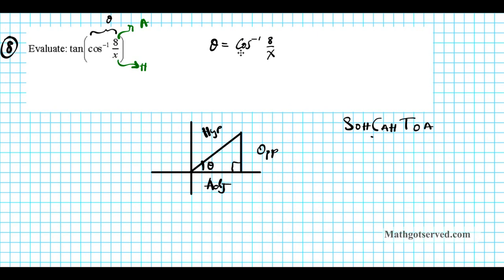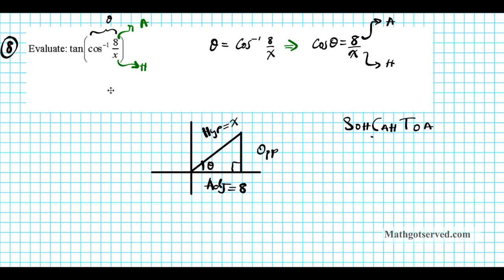Let me prove that to you right here. If theta is equal to the inverse cosine of 8 over x, that follows that if I take the cosine of both sides, cosine theta is equal to 8 over x. So we can clearly see that this is adjacent, and this is hypotenuse from SOHCAHTOA. So the adjacent is a constant 8. The hypotenuse is a variable x.